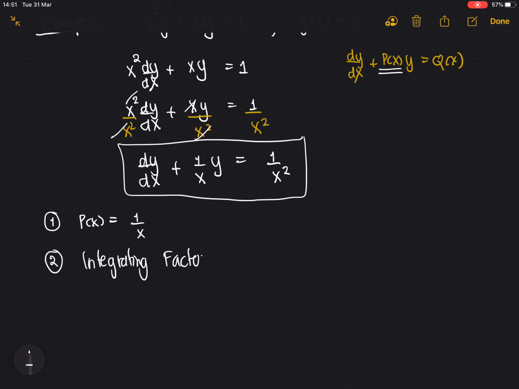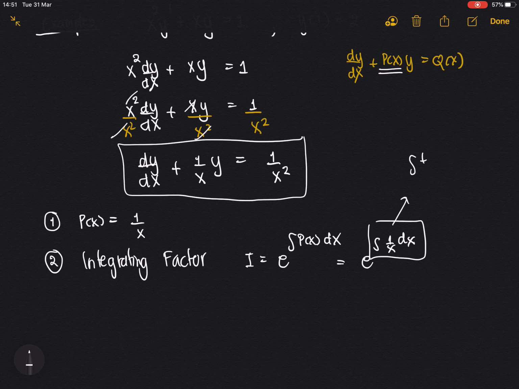So our integrating factor here is equivalent to the exponential of the integration of p(x) dx. In this case our p(x) is 1 divided by x, all right? So the integration of 1 divided by x dx is equivalent to ln of x. Therefore we will have the exponential of ln x.